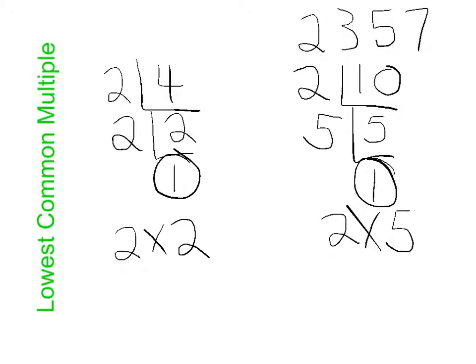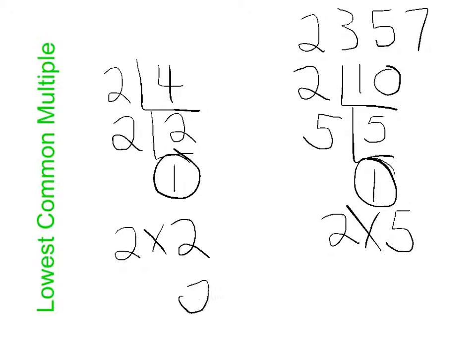Now, in order to find the lowest common multiple here, what I'm going to do is examine the two factor sets at the bottom. So over here with 4, I have 2 times 2, and with 10, I have 2 times 5. And what I'm going to do is I'm going to write down the numbers that come up most frequently. So on the 4 side, 2 times 2 comes up.